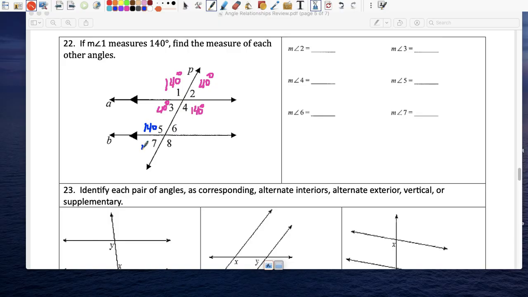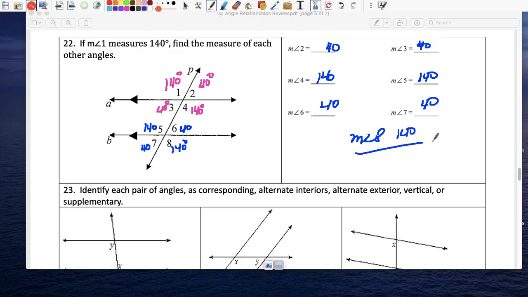So that's 140, this is 40, that's 40, and this is 140. Ta-da! So angle 2 is 40, angle 3 is 40, angle 4 is 140, angle 5 is 140, angle 6 is 40, angle 7 is 40, and angle 8 is 140.